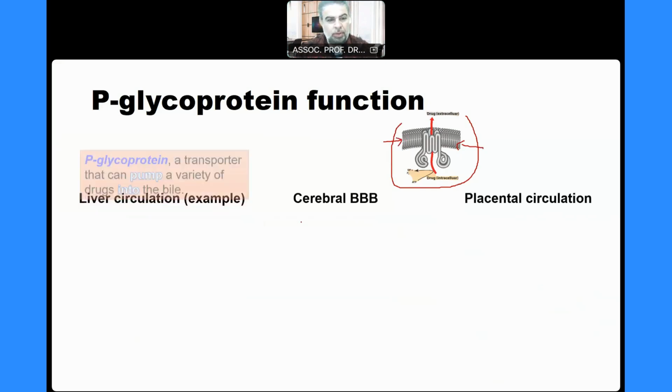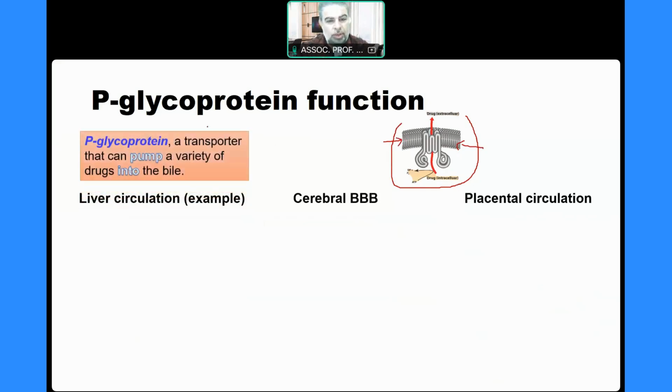To compare the three, the P-glycoprotein at the liver transports and pumps a variety of drugs into the bile, away from the circulation, because this suits the function of the liver as an organ of detoxification.